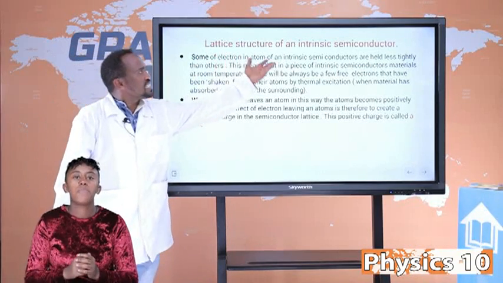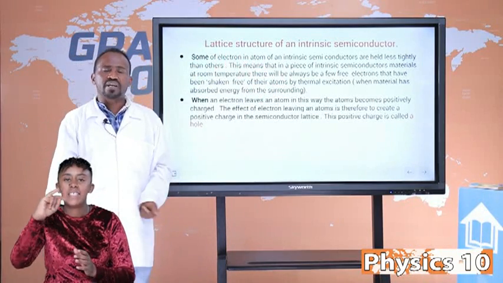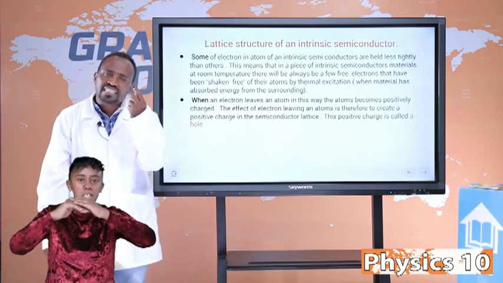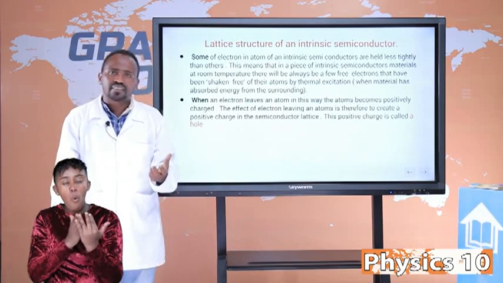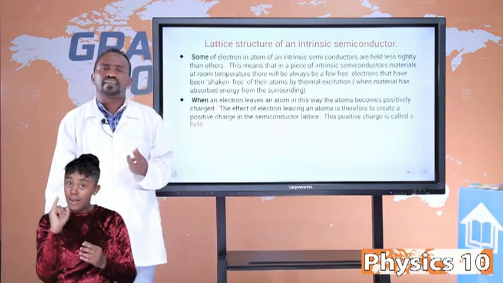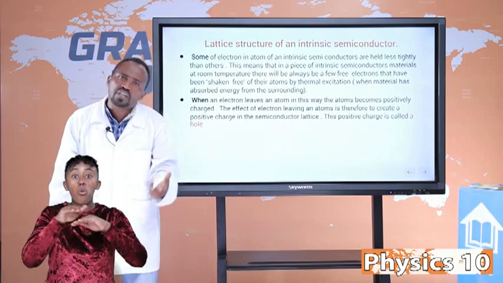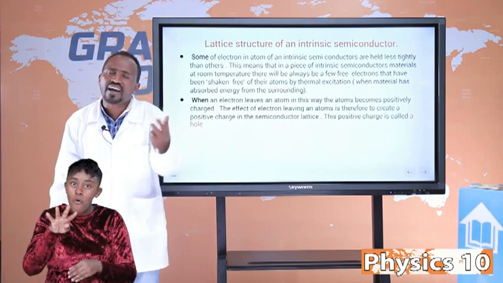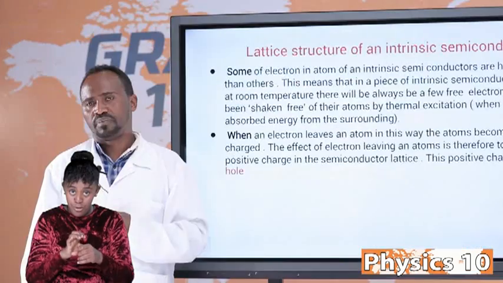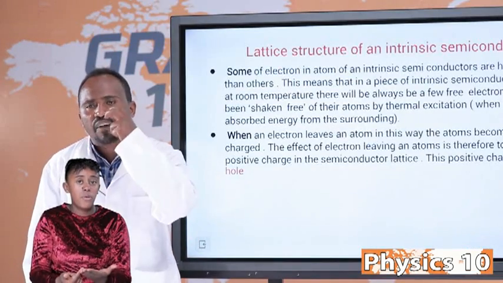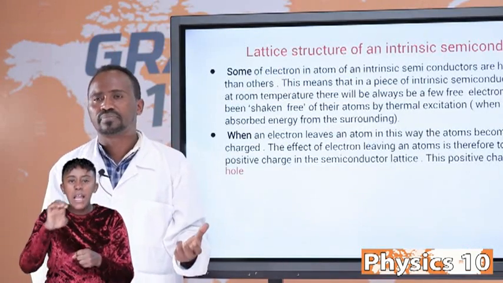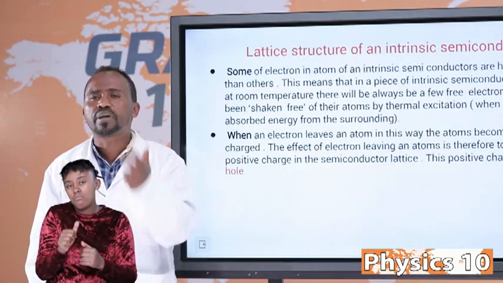Let us see the lattice structure of intrinsic semiconductors. If you take silicon, the outermost shell of silicon contains 4 valence electrons. Since they are full, like a helium atom, they cannot permit electrons to pass.